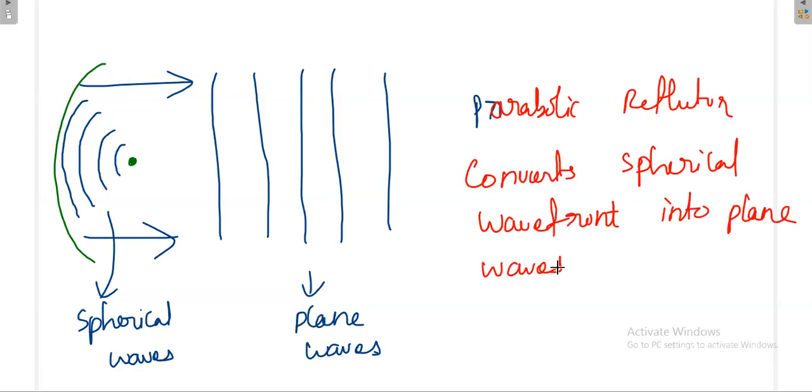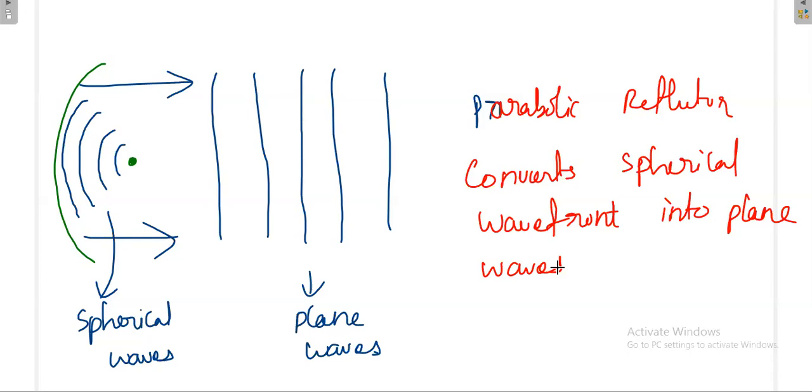Then what is the advantage of this one? It is converting spherical waves into plane waves. Whenever you have a spherical nature, your power diminishes very quickly. When your wave is having the spherical nature, that means it goes in all directions spherically. When it spreads spherically, the power of the wave diminishes very quickly.